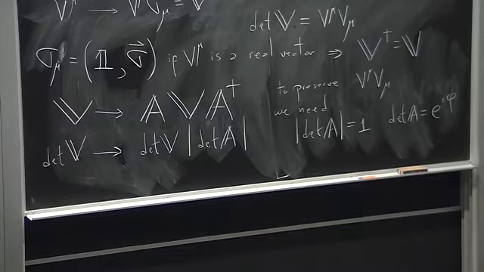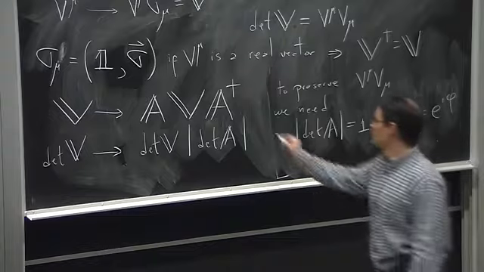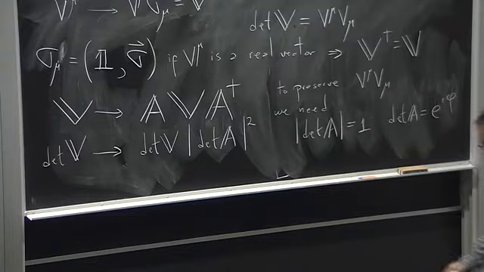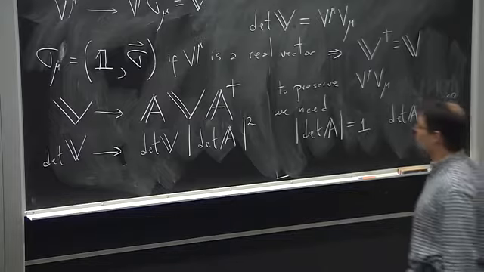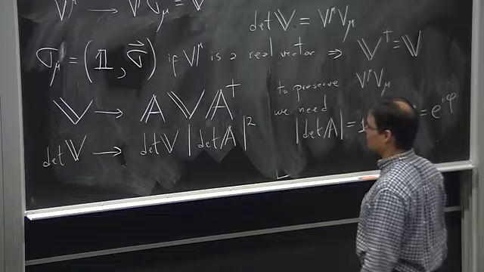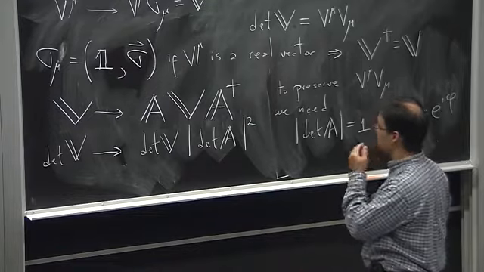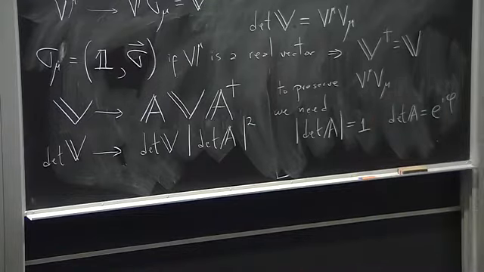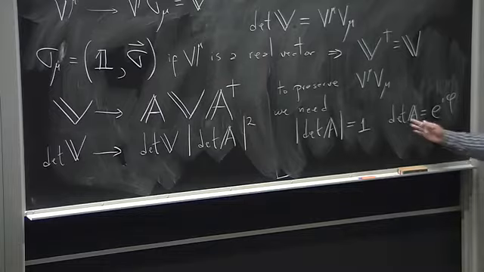Freddy, that's a squared and that's a plus. Yes, thank you. Shouldn't that be plus minus 1 then? No, it's the absolute value. Okay, absolute value would be 1. Yes. So the determinant of A can be a phase, okay?